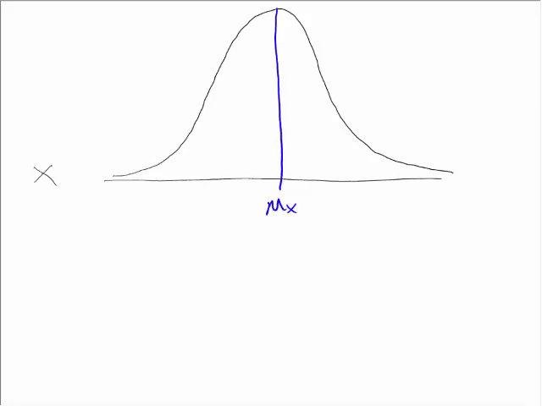Everybody with me on that? And we have one standard deviation of lead time demand. So this is our standard deviation of lead time demand. Now we are not interested in this side, because we are interested in making sure that we satisfy most of the lead time demand.